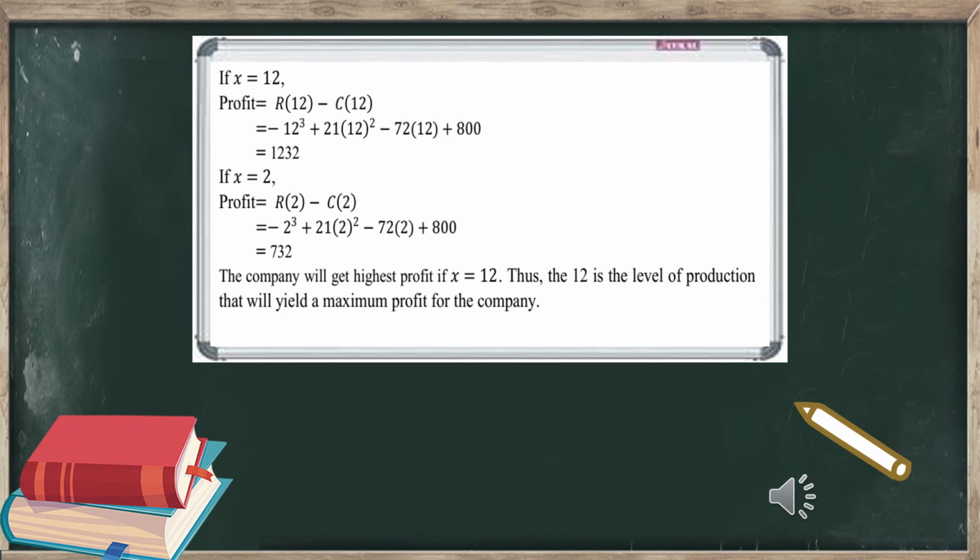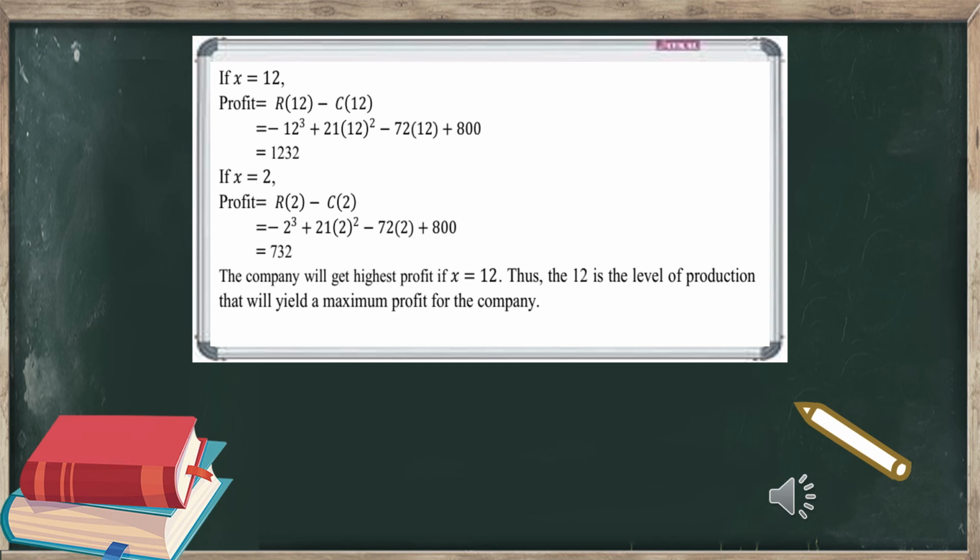So the next step, if x equal to 12, we use the profit function and place 12 into x, and then we get negative 12 power of 3 plus 21 times 12 squared minus 72 times 12 plus 800, and then we get the final answer 1232.